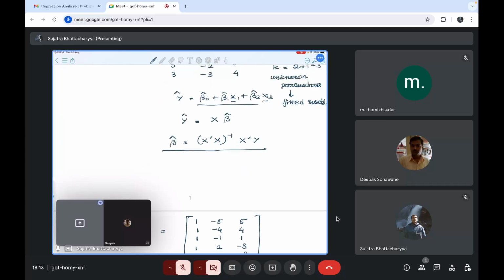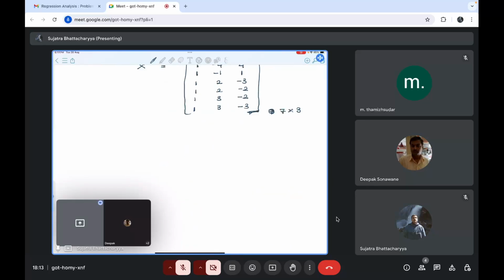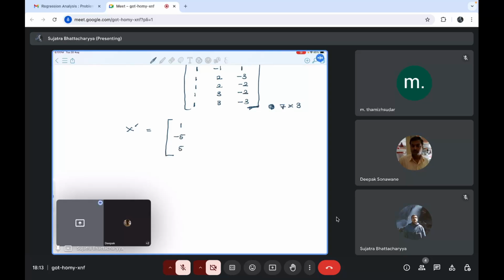What else we require is X prime, which is the X transpose. So transpose of X we can easily write. It will be a 3 cross 7 matrix, or a 3 by 7 matrix. It's just a transpose we have to do. So it is 1, minus 5, 5; 1, minus 4, 4; then 1, minus 1, 1; 1, 2, minus 3; 1, 2, minus 2; 1, 3, minus 2; and 1, 3, minus 3.